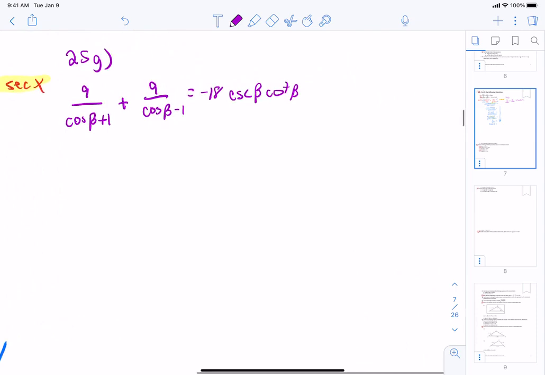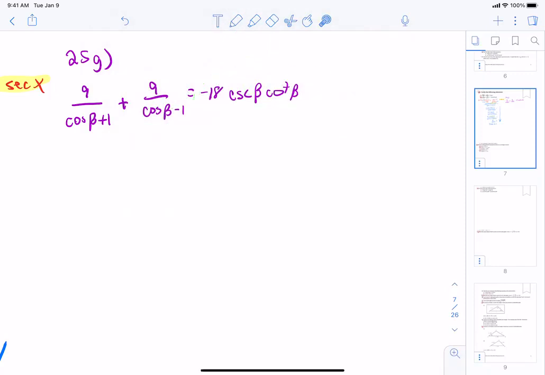Here is 25G. So, even though I should only ever touch and manipulate one side, I am going to just give myself a little hint. And I'm going to write down what is this really, what is that?